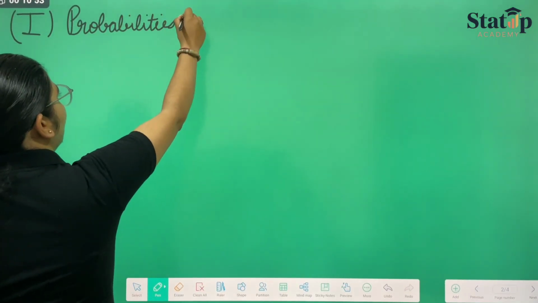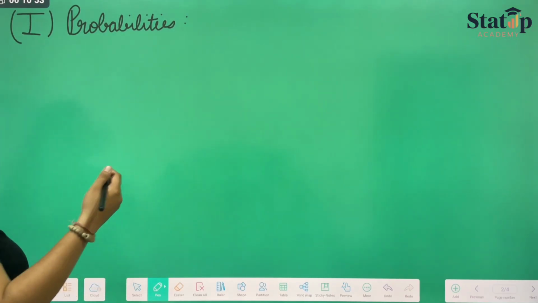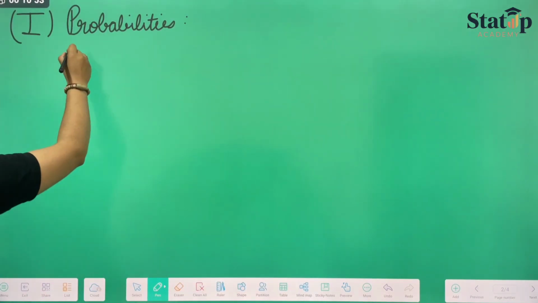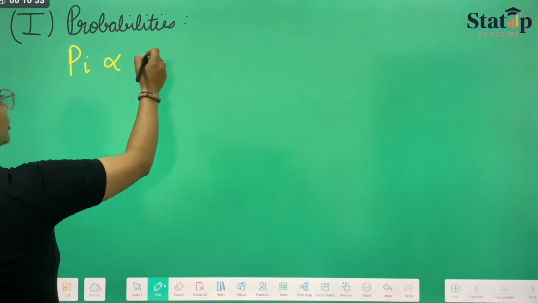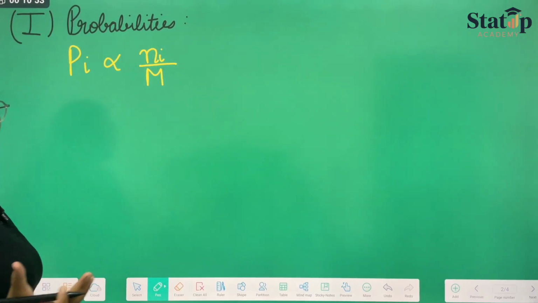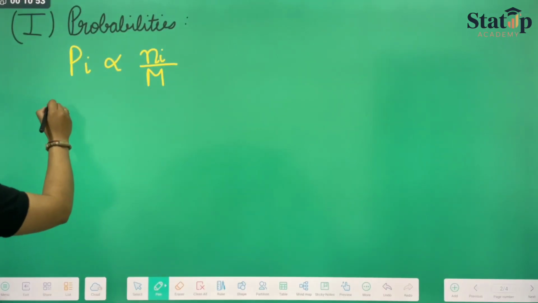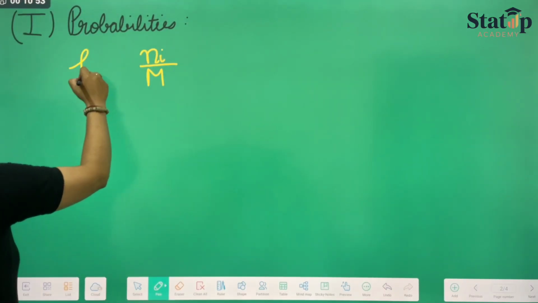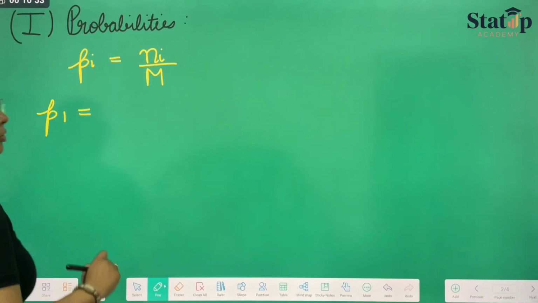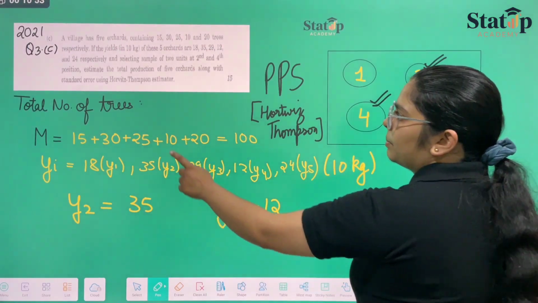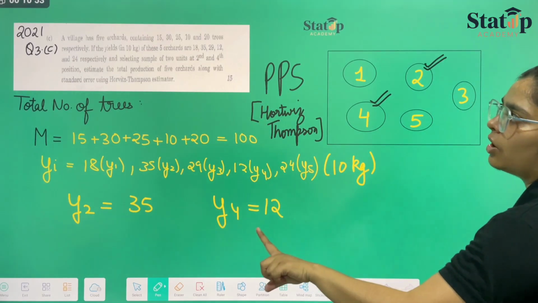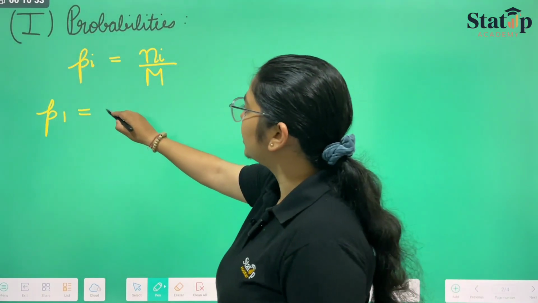Now in PPSWOR, the probability is proportional to size, as the name suggests. So Pi is directly proportional to the size, which is Ni upon the total, which is M. So first of all the probability is equal to Ni upon M. So P1, as you all can see, the first orchid has 15 trees, and the total number of trees is 100.